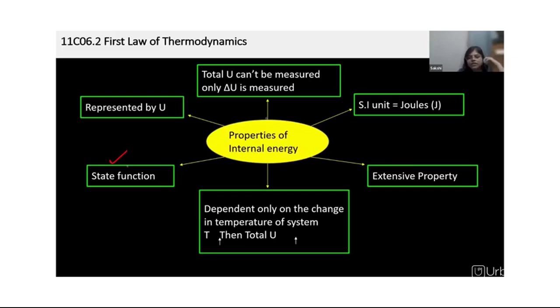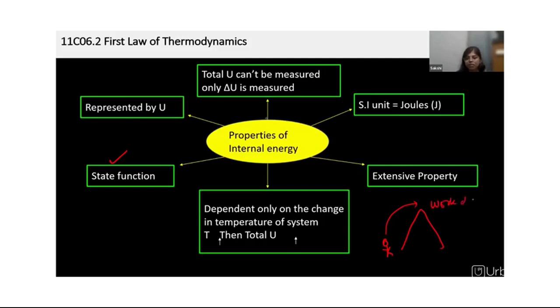Now, what is a state function? State function means that it depends on the current state. It does not depend on how it is achieved. For example, say this is the top of a hill, and you are standing here. You reach the top of the hill by climbing, so you are doing some work.